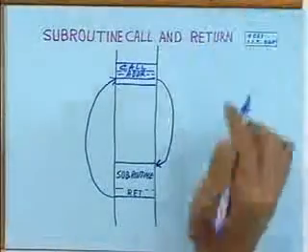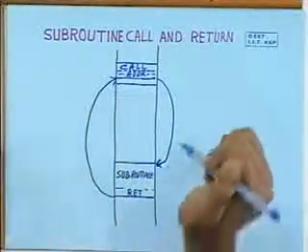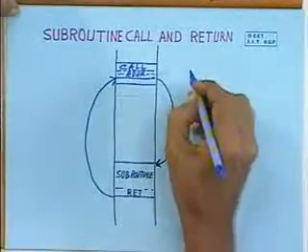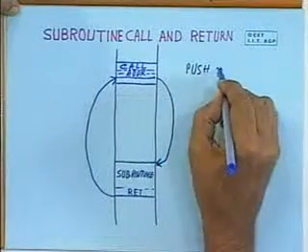Now, whenever you are calling a subroutine, although the program counter is being stored in the stack, apart from program counter, you may be using some registers. Some registers may be holding some useful intermediate data, which you will require after you return from the subroutine. Those registers may get modified if you don't save them in the stack. So to facilitate that, there are several instructions like push register pair.